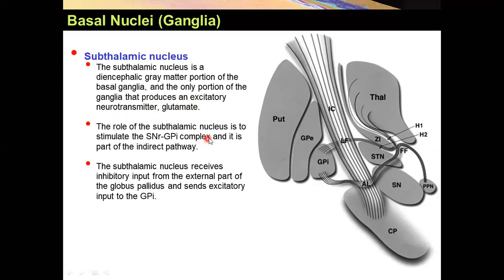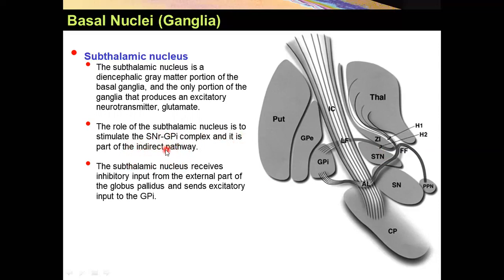So the role of the subthalamic nucleus here is to stimulate the SNR GPI complex. In other words, the Substantia nigra pars reticulata and the internal globus pallidus complex. And it is part of the indirect pathway.